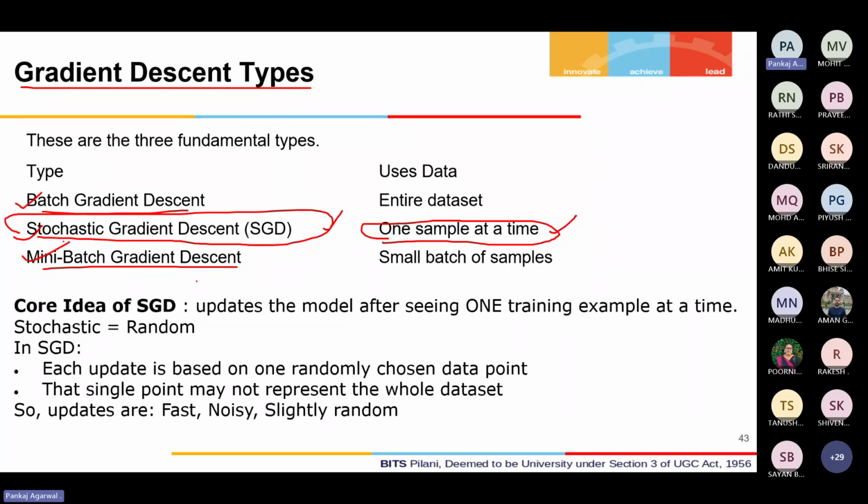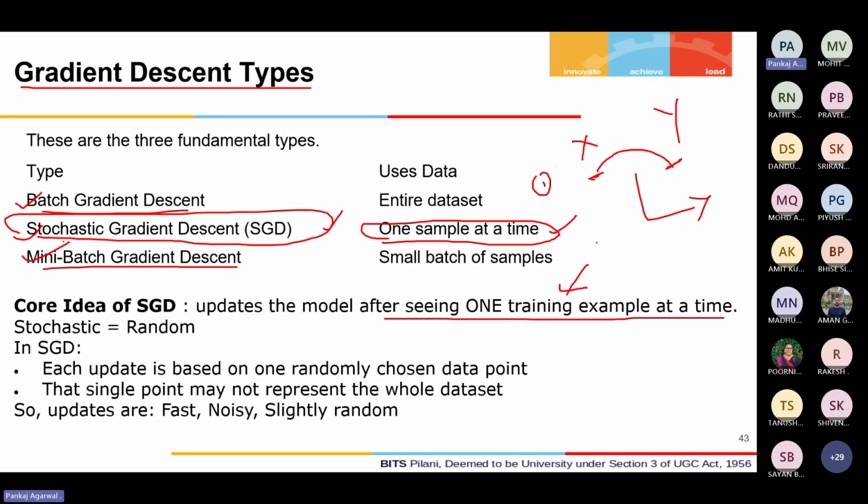So it updates the model after seeing one training example at a time. I'll pick up one training example, X and Y, and try to reduce the error between input and output until my expectation is met.